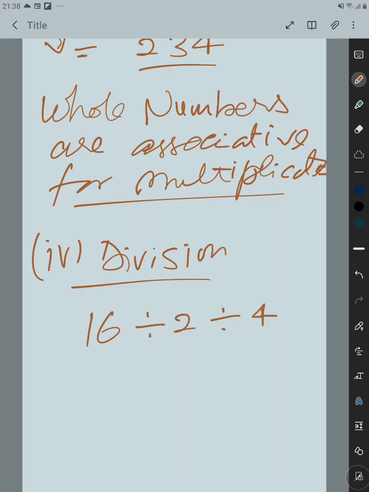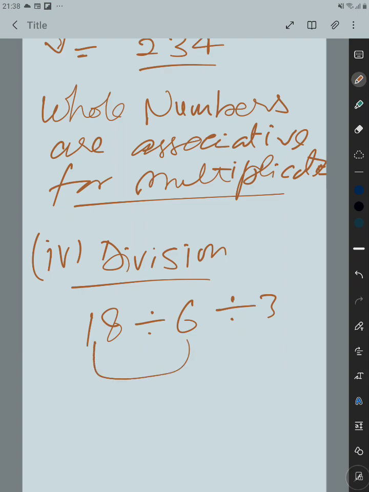Now first you associate these two. No, this example will not give the proper result, so we have to take something else. Let's take 18 and 6 and 3. This will be the better example over here.